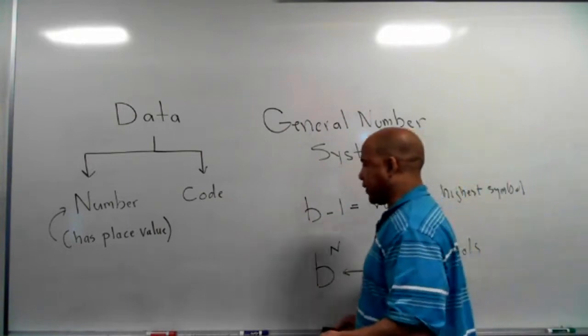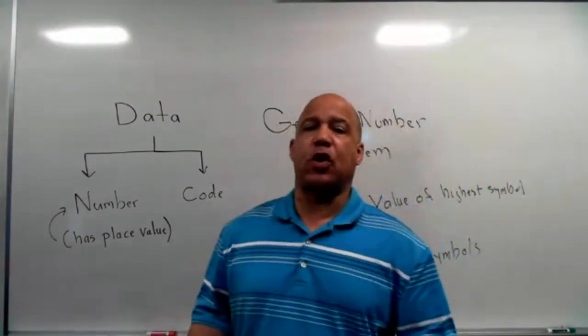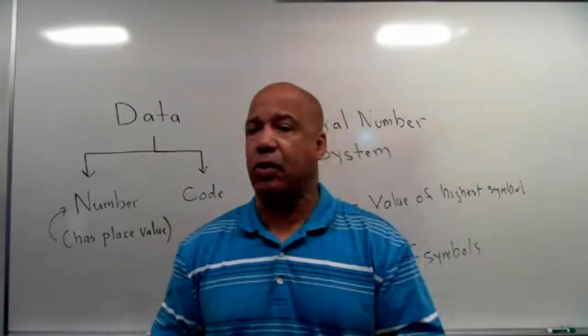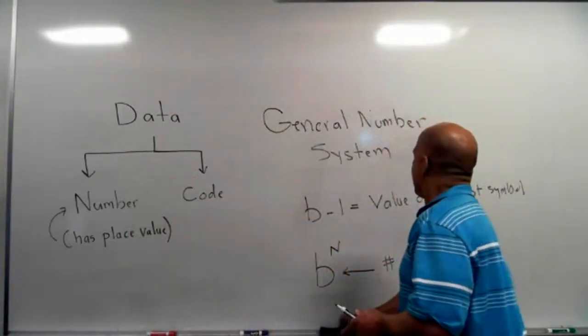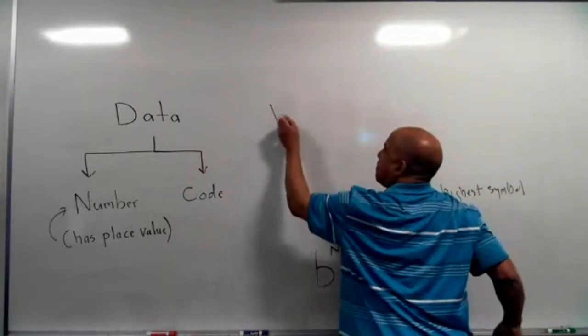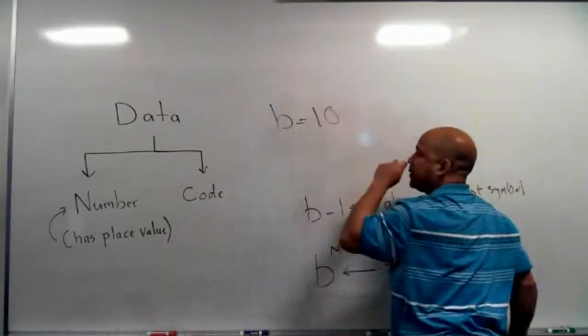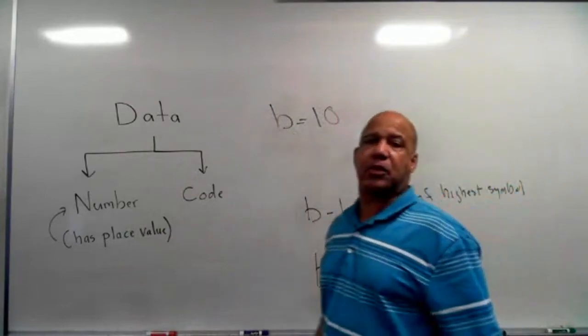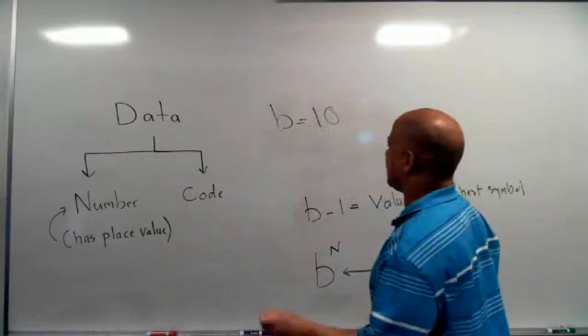What I mean by that is we as humans use a base 10 number system because we have 10 digits, 10 fingers, 10 toes. If I represent the number system as base 10, then that base means we have 10 symbols to represent the numbers in the number system.